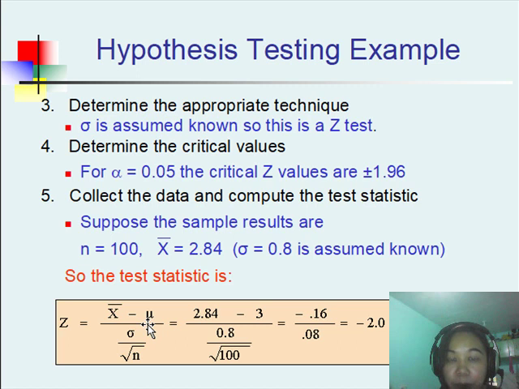Your mu is your hypothesized value of the mean, which is 3. Your sigma is 0.8, and your sample size is 100. You can use your calculator to calculate the value of your Z. Using your calculator, the calculated Z is -2.0.